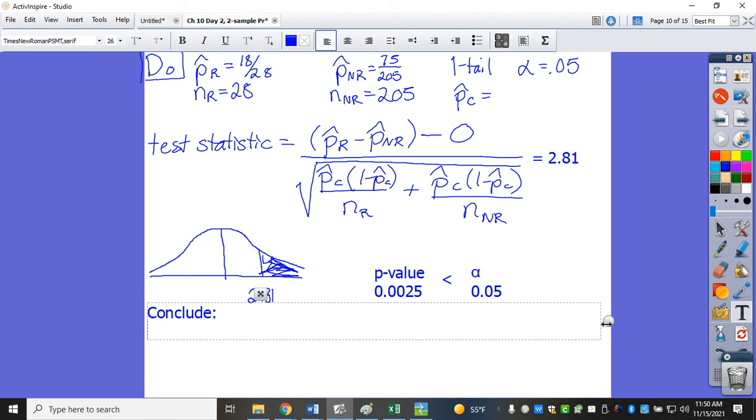So what do we write as our conclude? We reject the null hypothesis that what?